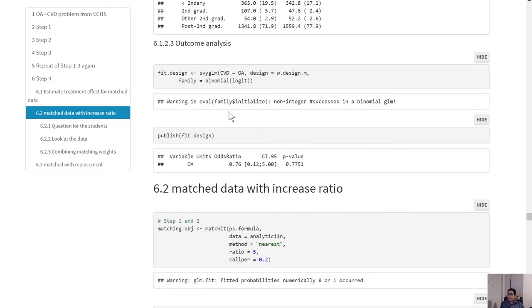What we want to do is, using that design, check the crude association in the matched dataset, and in the matched dataset the crude association was 0.76, right?